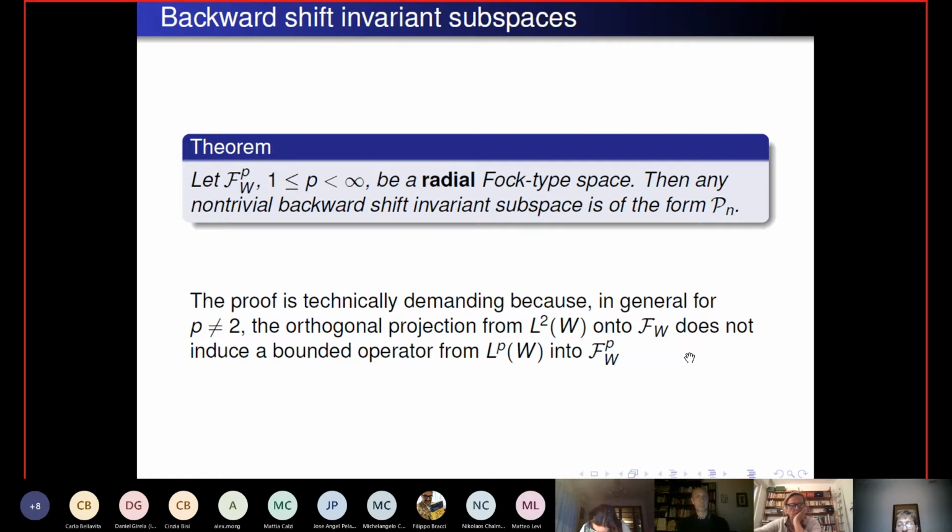But in general, this does not induce a bounded operator for other p's. The projection is unbounded. It's bounded only for p equals 2. Well, if you don't have a projection, then you have to analyze the dual, and that turns out to be technical, and I will have to pass.